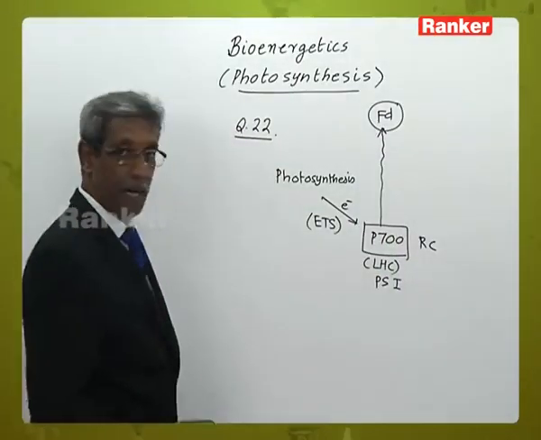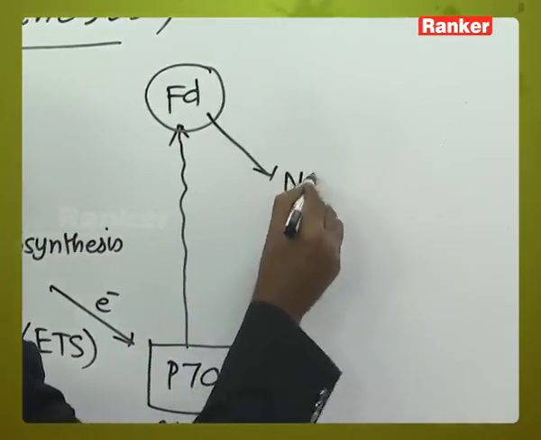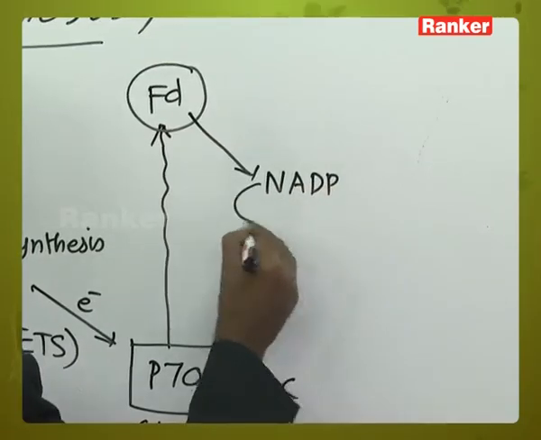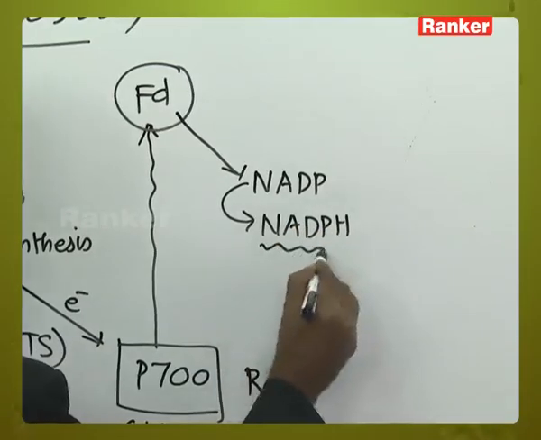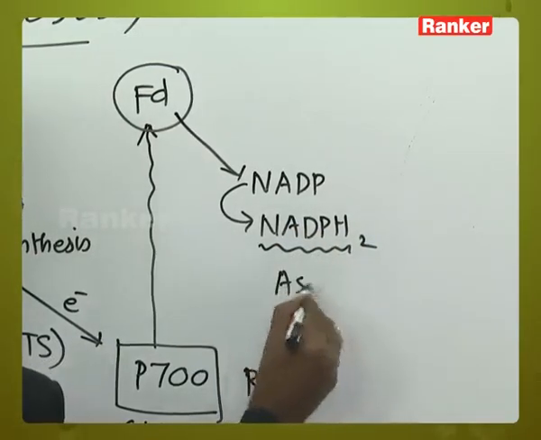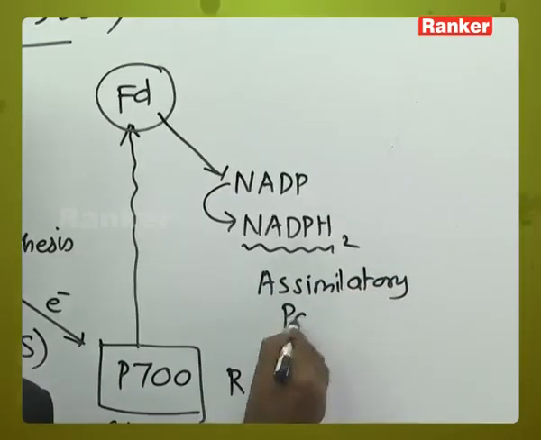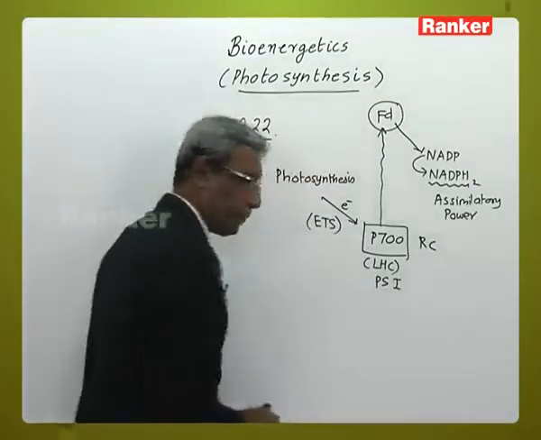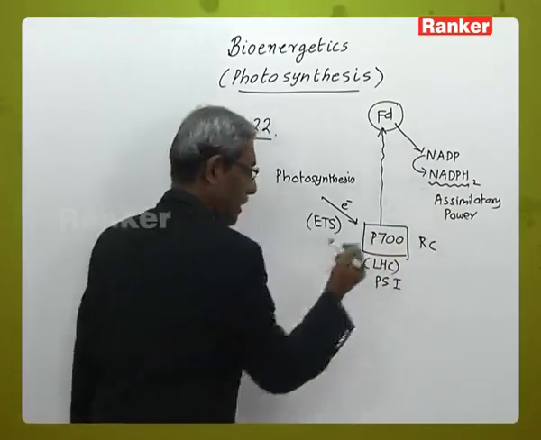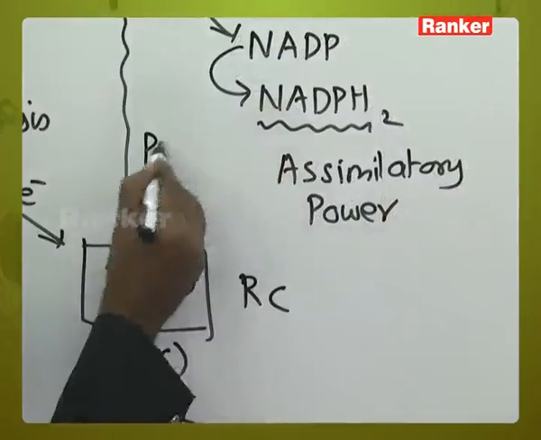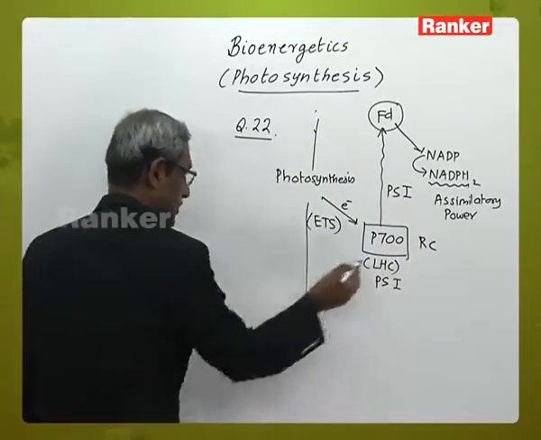Once they are funneled into ferredoxin, from ferredoxin they are captured by NADP and it is converted to NADPH, which is called the assimilatory power. Thereby, NADPH results during the process of photosystem 1, which is one separate component of photosynthesis.